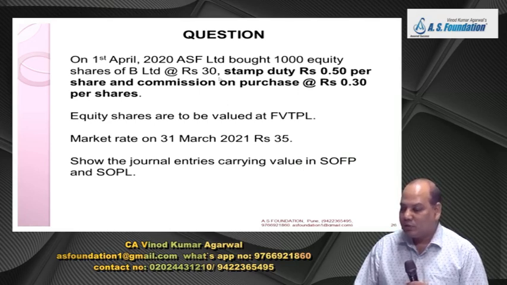Why? Because in case of FVTPL, transaction cost is recognized in P&L account. And then at the end of the year, the value of the investment will go up from 30 to 35. We will recognize the gain. So transaction cost we will transfer to P&L account. Fair value gain we will transfer to P&L account. And in balance sheet, investment will appear on the asset side, financial asset.